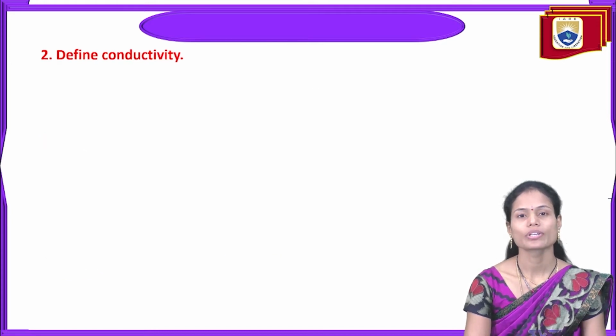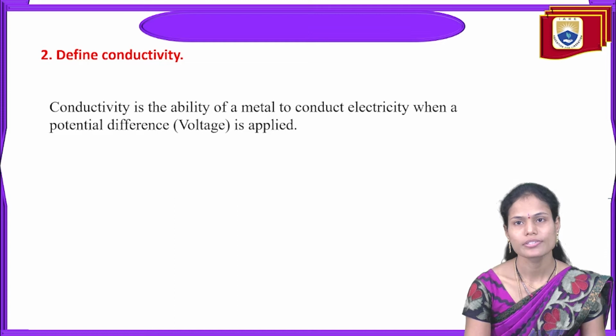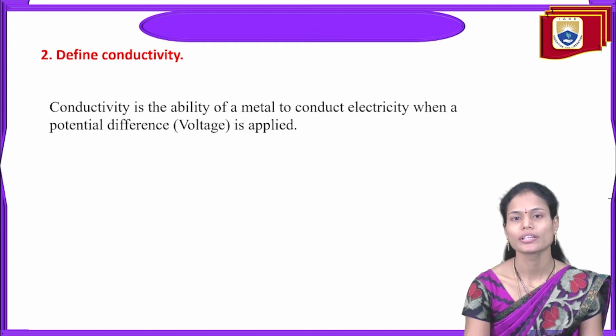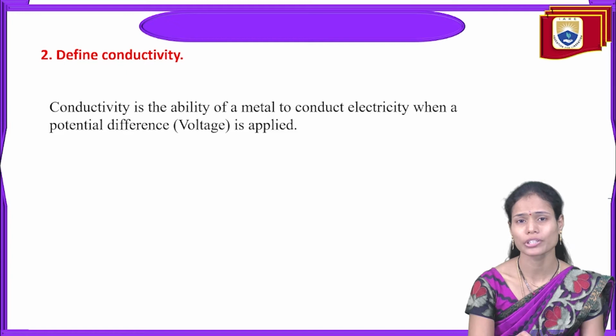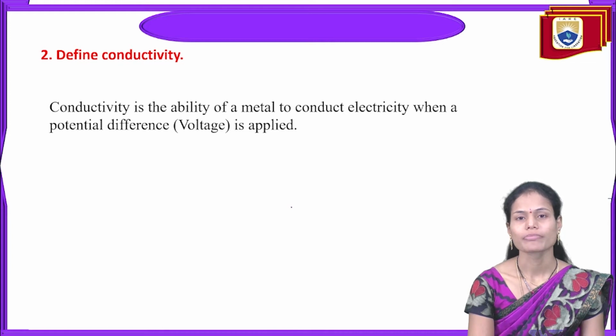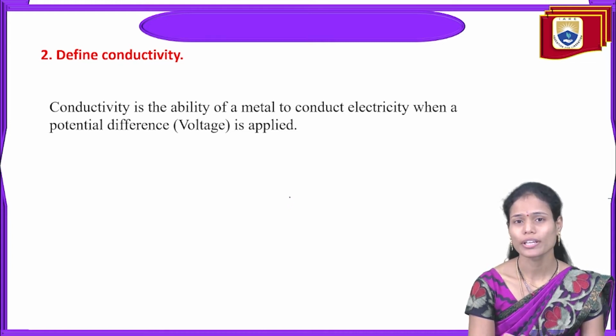And the second one is, what is meant by conductivity? Define conductivity. Conductivity is nothing but the ability of a material or metal to conduct electricity when a potential difference is applied to it. That is, if you take one particular material or conductor and provide some voltage to it, it will give some corresponding current.